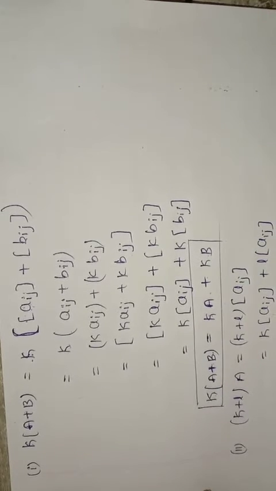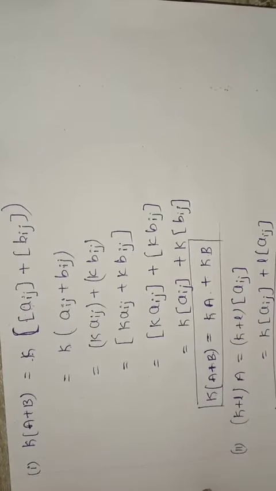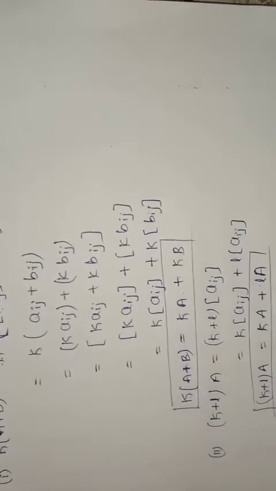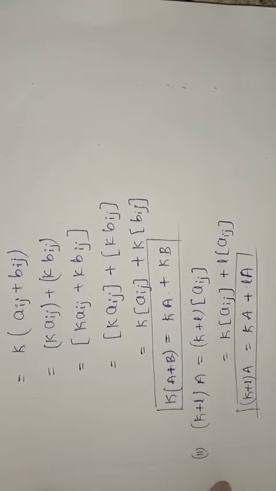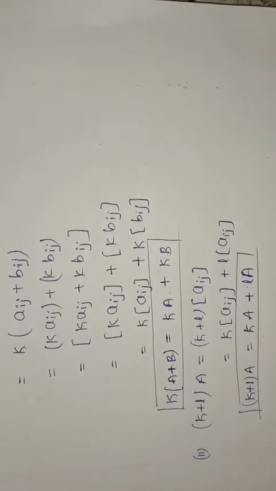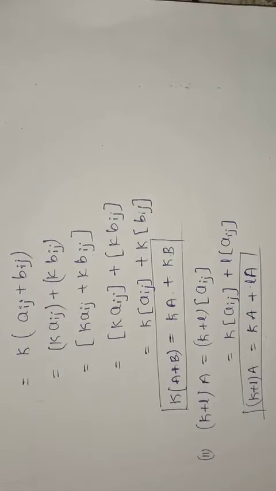That is nothing but K into A plus L into A. So therefore (K plus L) into A can be written as KA plus LA, where K and L are scalars and A is a matrix. I hope you understood these two properties, and we will discuss some problems. Then we will move on to the multiplication of the matrix.